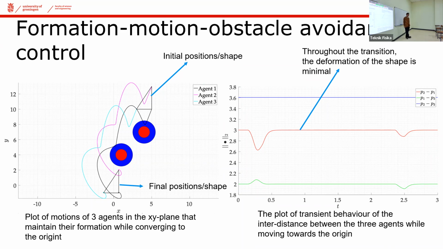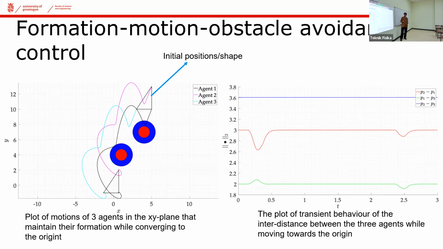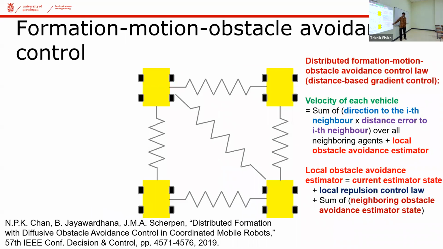But whenever one agent faces an obstacle and tries to change direction, the other agents should know about that. Yes. So where does that information come from? From the movement. It comes from the local estimator.